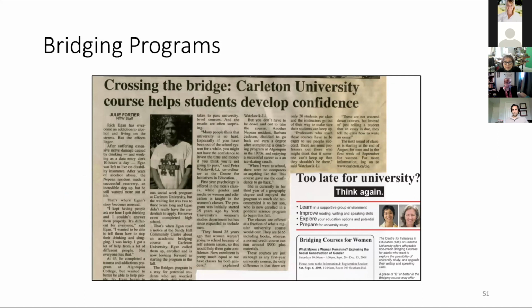Then in time, we found that there was demand from men who had experienced significant barriers as well. We expanded to women only, men only, and general bridging courses. It started out as non-credit and went on to become a credit program before getting absorbed into the Enriched Support Program.